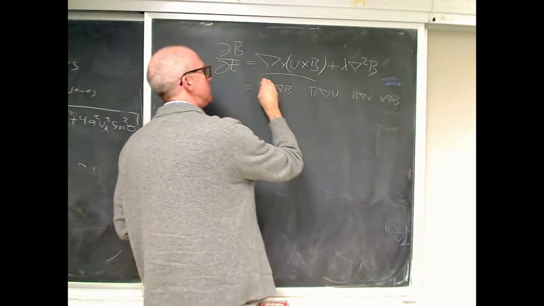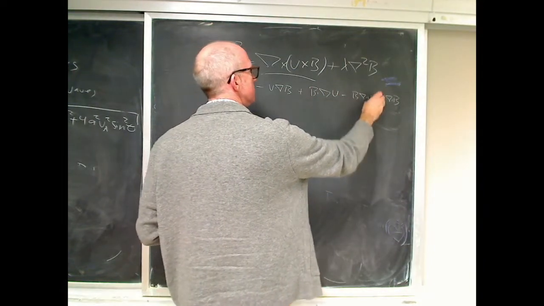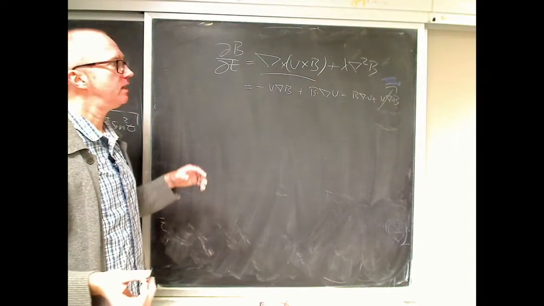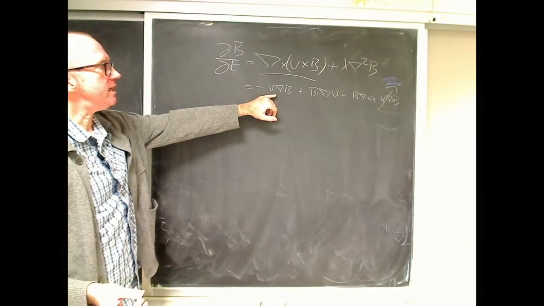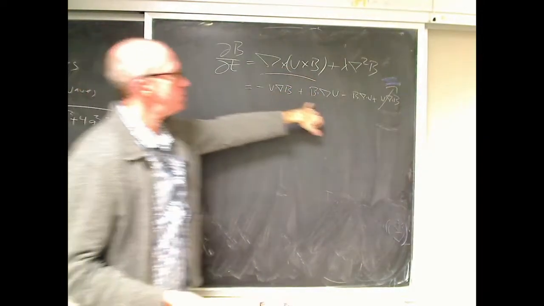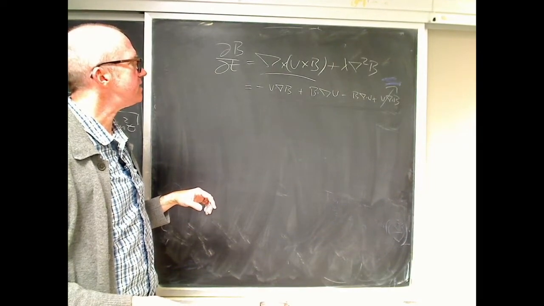This one is negative, this one is positive, this one is negative. This one is positive, but it's 0, so it goes away. I just happen to remember this vector identity, that curl of A cross B turns into this triple product of grads and stuff.